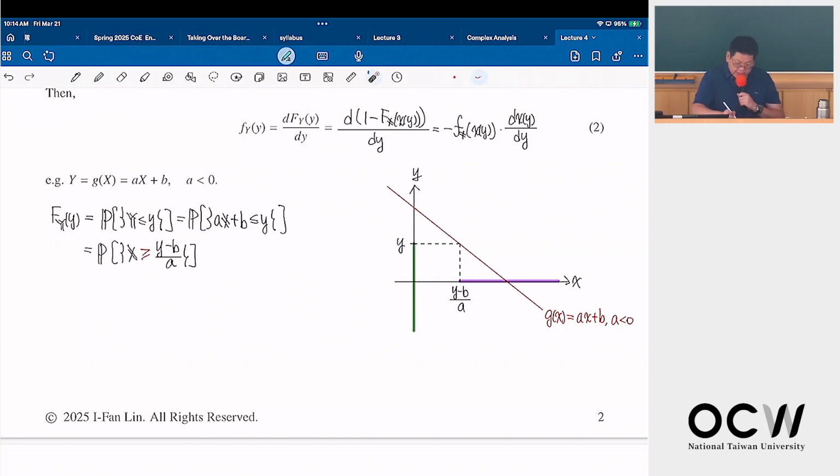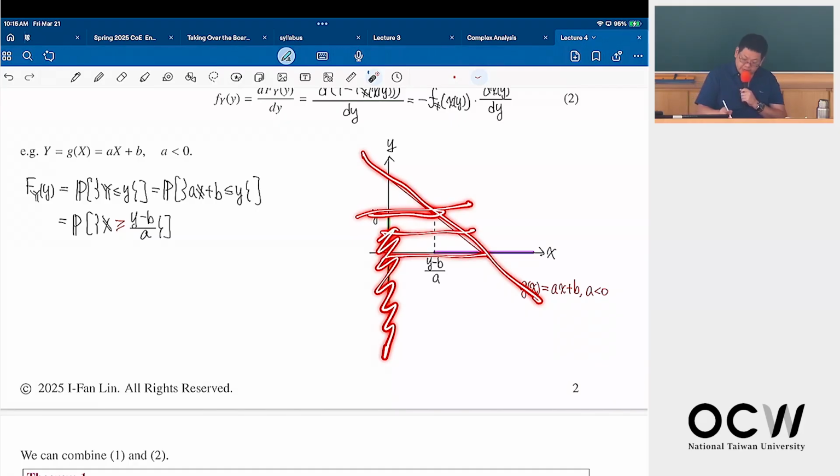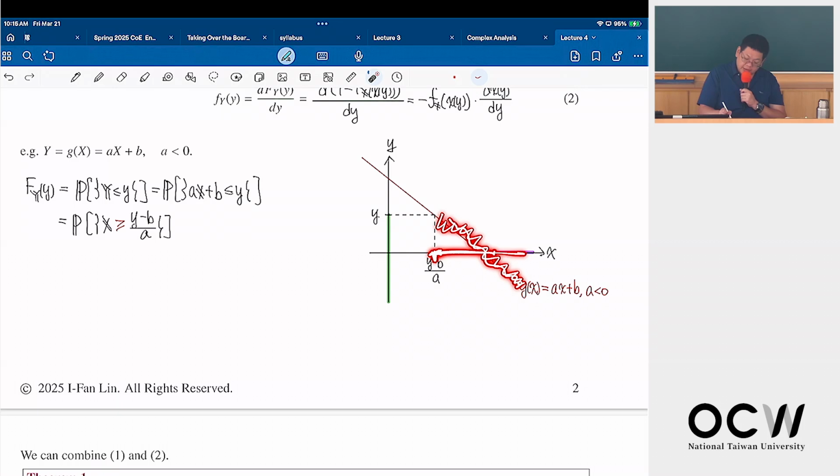Okay, let's see that again. Ax plus b less than y. So ax plus b less than y, this point will be here. So that means my x should be greater than this point. So ax plus b is in this line. Okay.